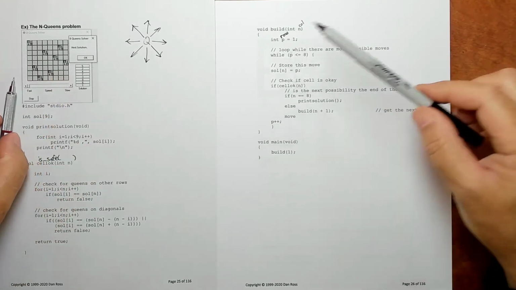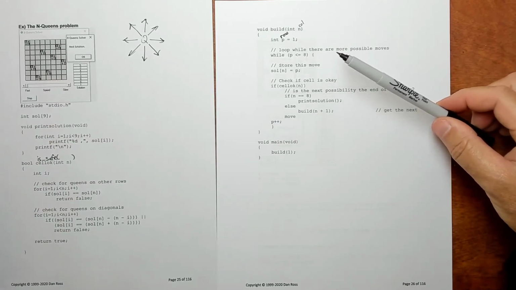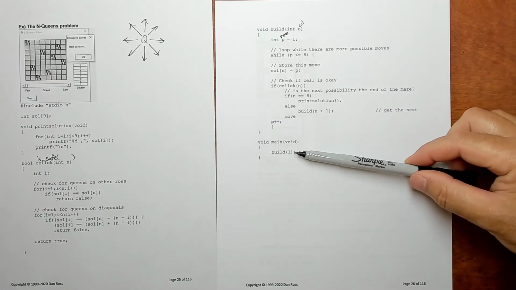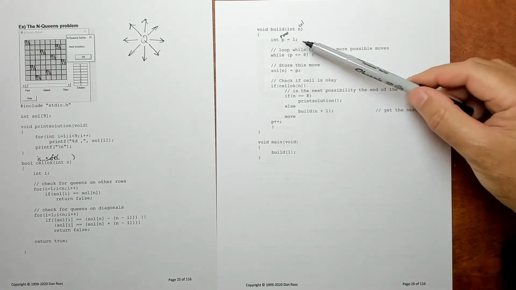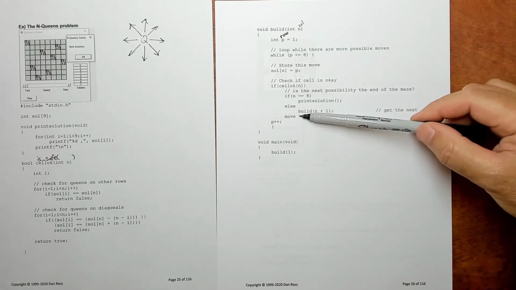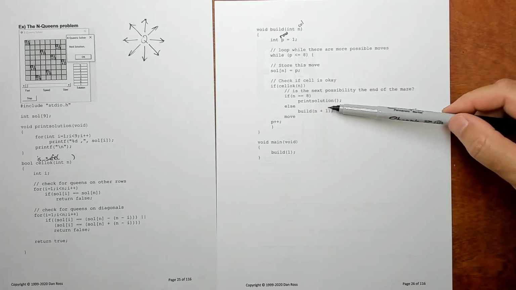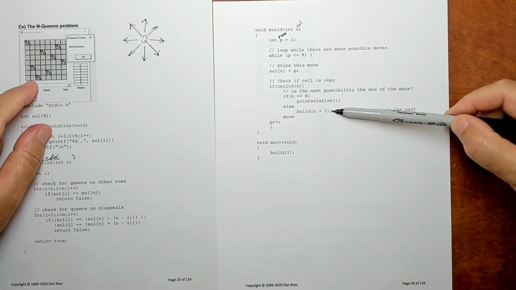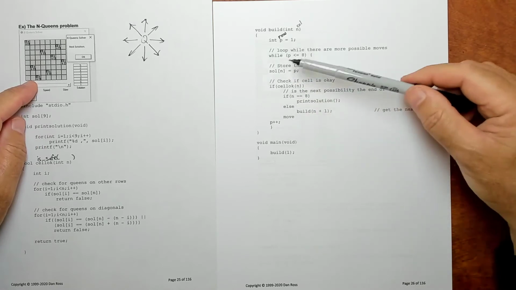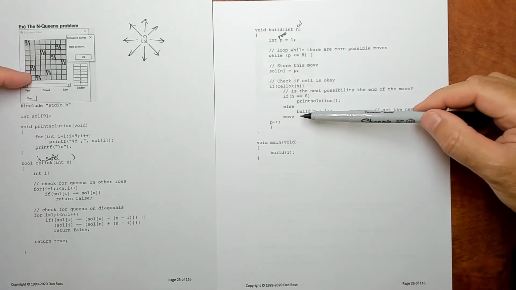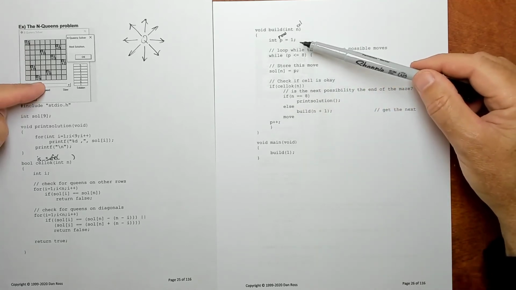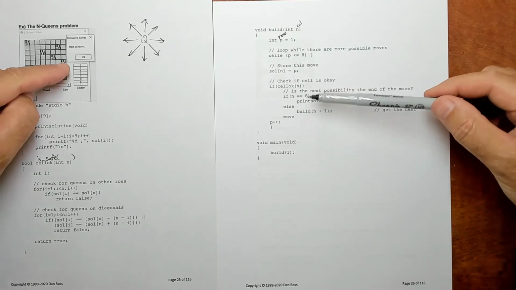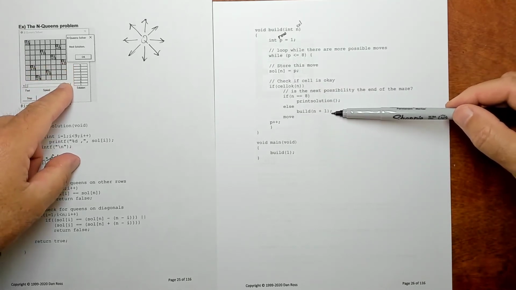So let me start over at a high level and try and talk through this again. You call cell OK, you call build in main for column 1, comes in here. This guy loops through every row, and when it finds a safe position for the queen, it recurses to the next column. Eventually it'll find a safe row on column 1, and it'll come back in for column 2, and it'll proceed like that, going deeper and deeper into the recursion until it's at column 8.